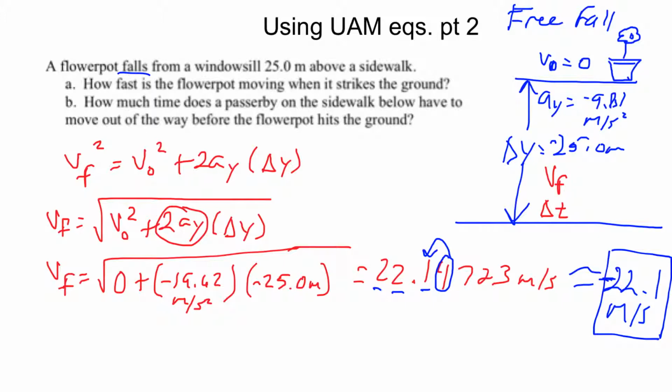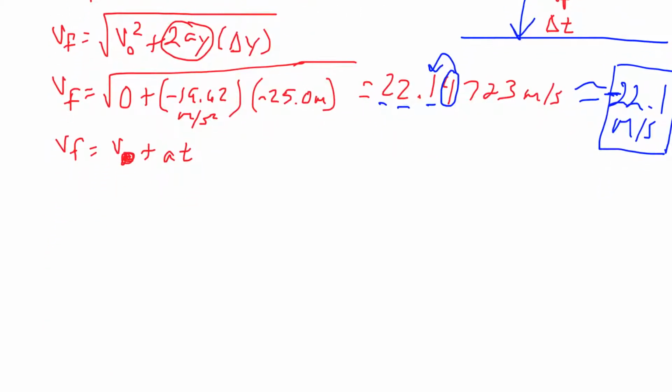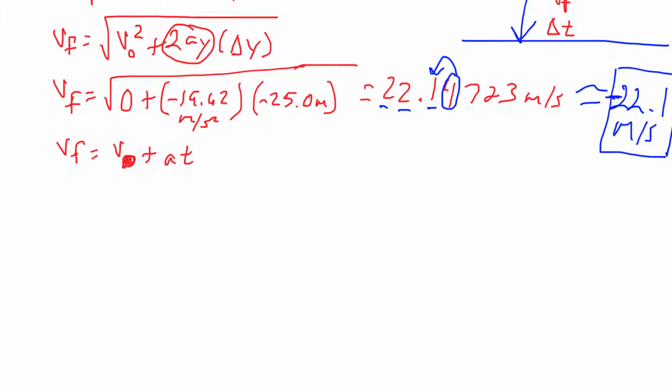Okay, so now we want to figure out the time. Okay, so final velocity equals initial velocity plus acceleration times time. That seems to be the easiest equation to use here. Since we just figured out what our final velocity is, we can use that number. So let's do that then. Let's resolve this equation for time.